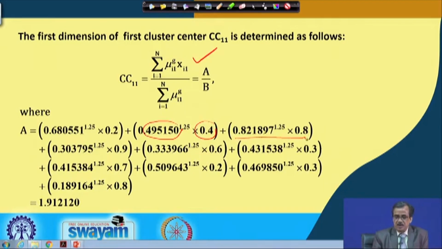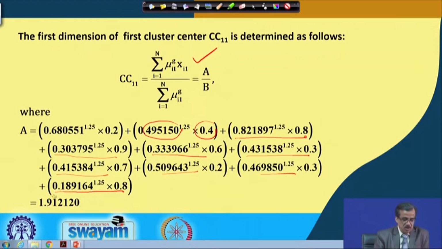Similarly, this is the scenario when i equals to 3, then i equals to 4, 5, 6, 7, 8, 9 and i equals to 10. By following this and simplifying, I will get one numerical value for A, and that is nothing but 1.912120.